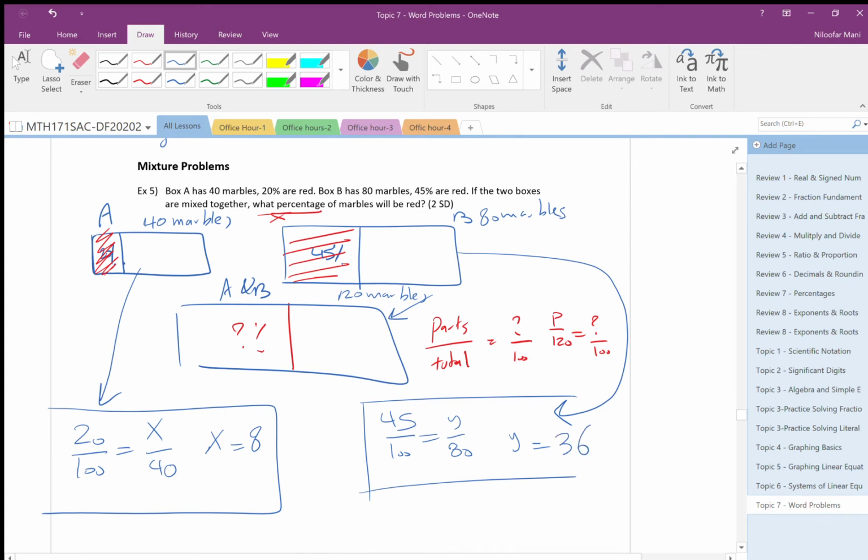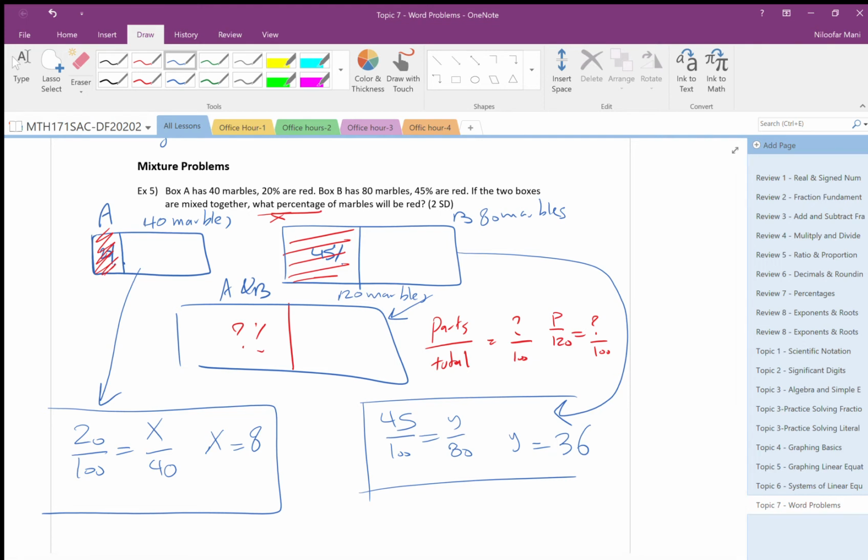So I read the question, I understand it's like a mixture problem. I visualize: I have box A, I know total, I know percentage, I don't know part. I have box B, I know total, I know percentage, I don't know part. I have box C, where I want to find percentage, I know total, I need to find part.